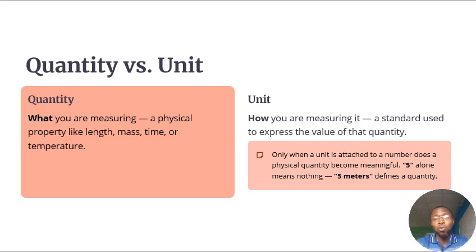If you say 5 kilograms, you know you are measuring the mass quantity. If you mention 5 seconds, you know you are measuring the time quantity, right? So every quantity must have a way it's being measured, and that's the unit.